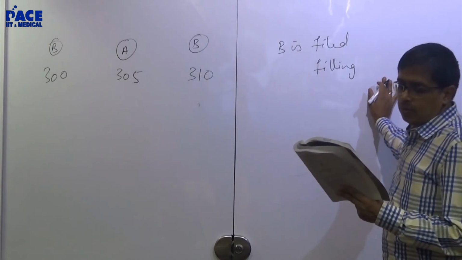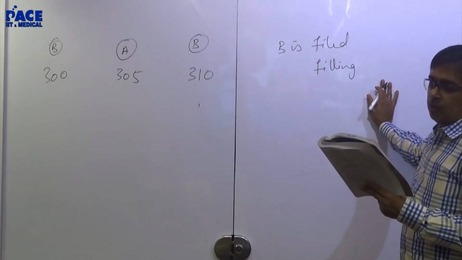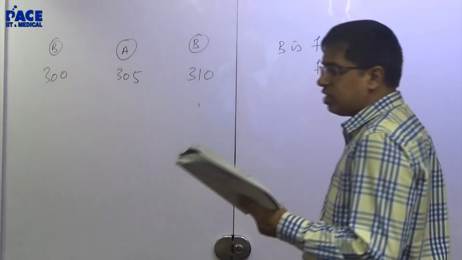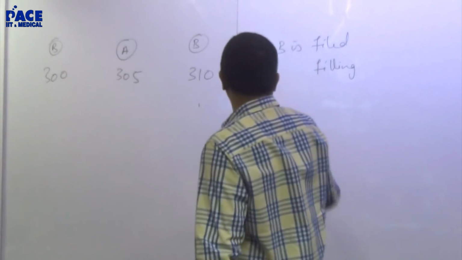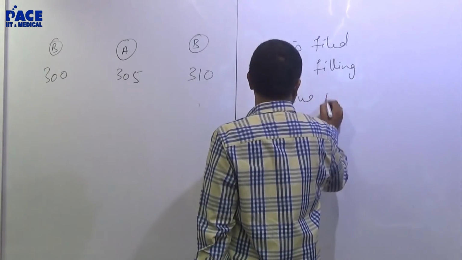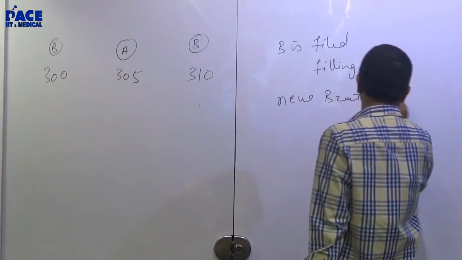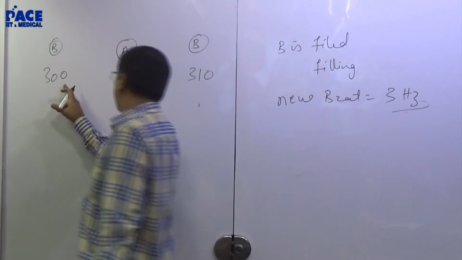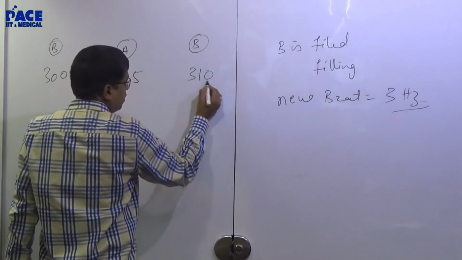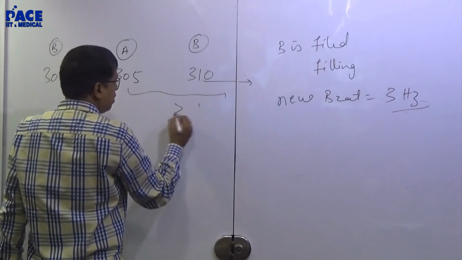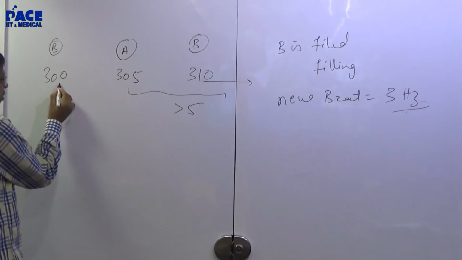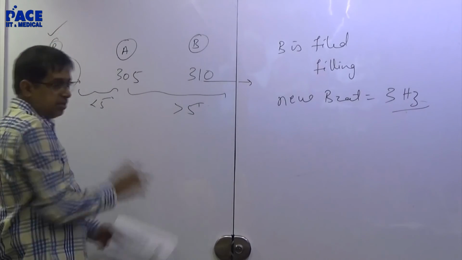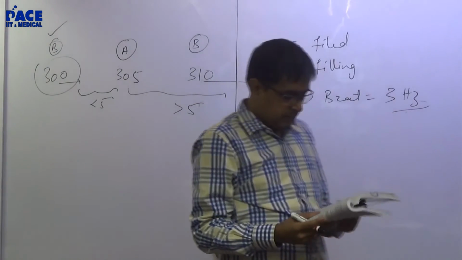When B is filed, it produces 3 beats with A. Now B is filed. If I file this, the frequency will go up and the difference will be greater than 5. But if I file this, the difference will be lesser than 5. Hence my answer is 300.